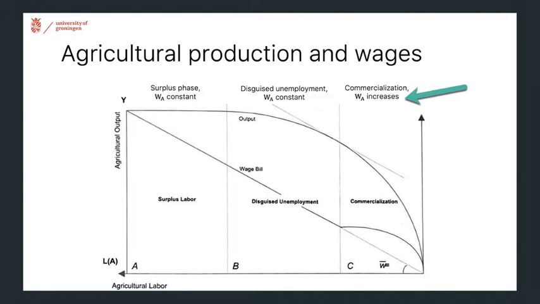So W bar equals Y over LA. So the average product is equal to the wage. Now this W bar is also just the slope of the diagonal line running from the origin to the maximum level here on the left-hand side.